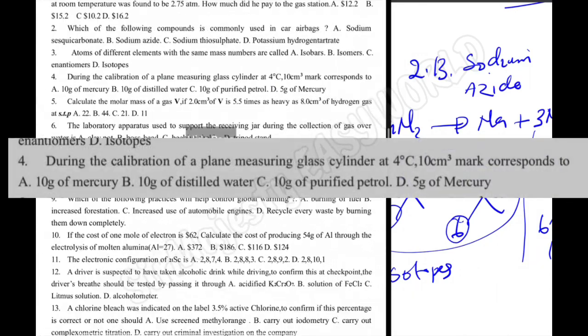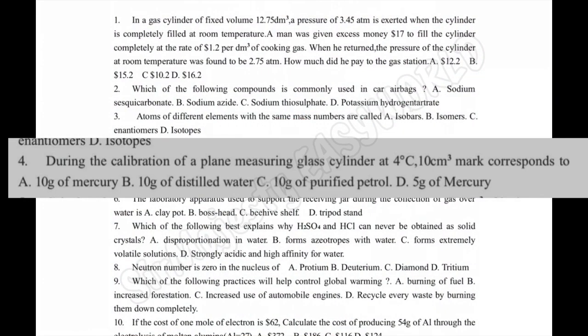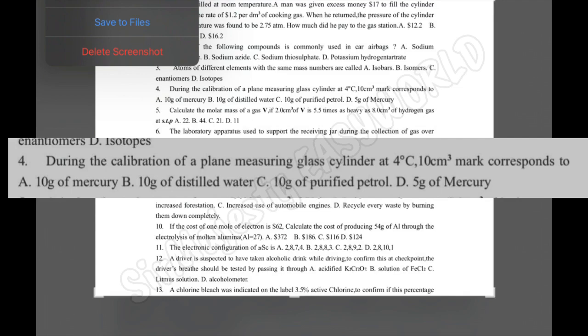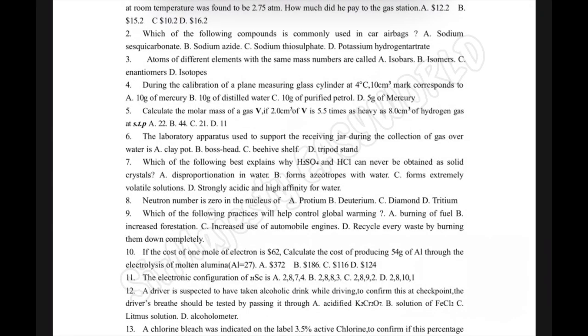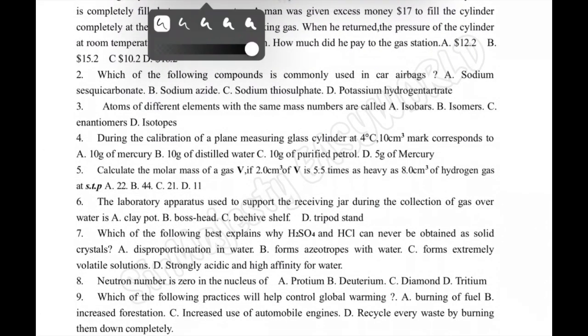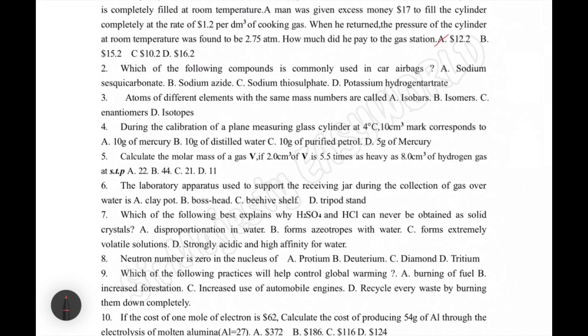Okay, so the next question is number 4. I think I'll take a screenshot of this and solve gradually. Number 4 says, during the calibration of... Let me mark the answers so far.